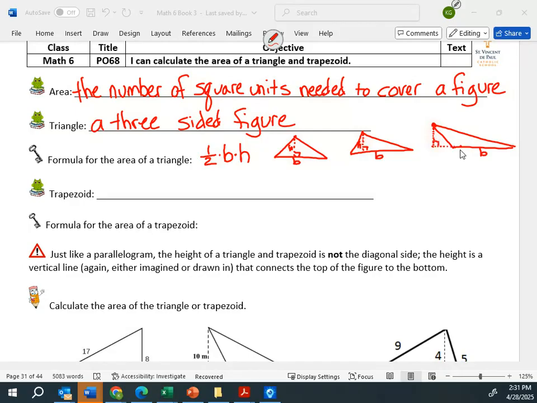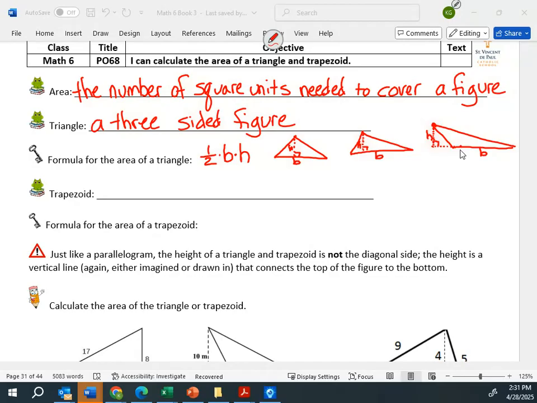So I have that right angle, so my height is directly from where that base would be straight up to that tip part of the triangle. So that height is not a side of the triangle. Okay, the height is going from the base directly up, straight up to the tip of the triangle, so we can see that right angle from the base to the height.